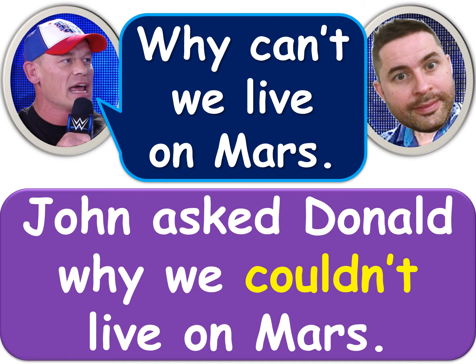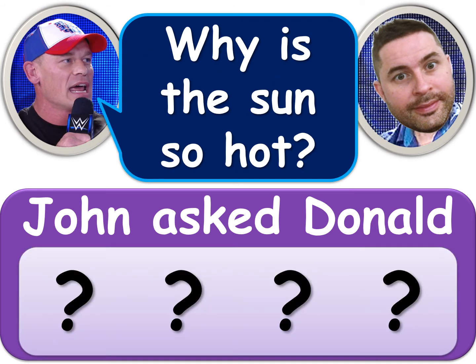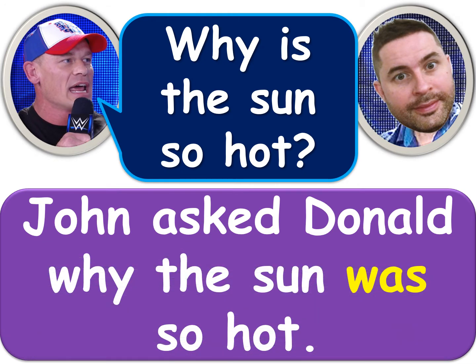Let's try another one. Why is the sun so hot? Go ahead and finish this reported question. So John asked Donald why the sun was so hot. So the is will turn into was. And now it's coming after the subject, the sun.